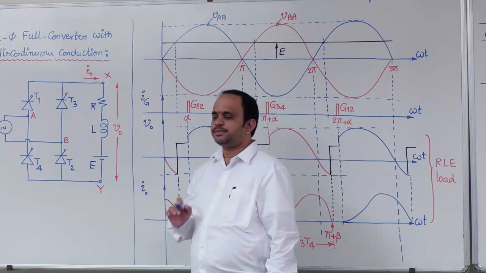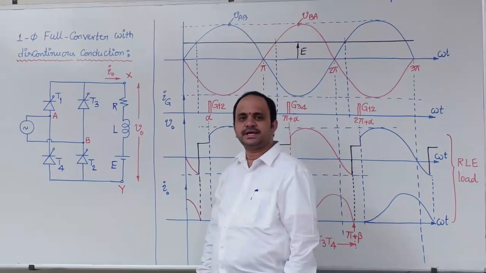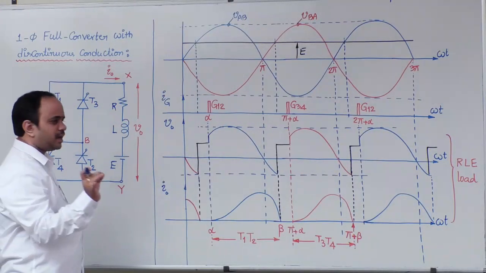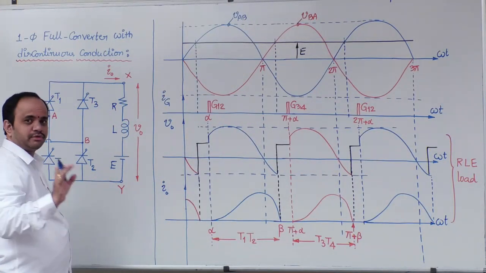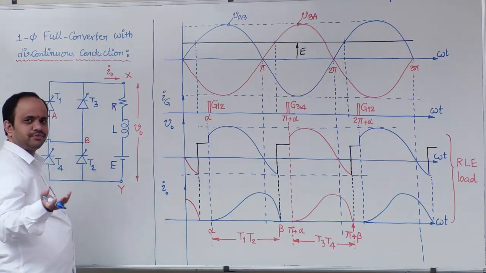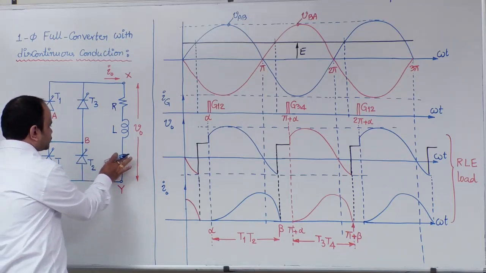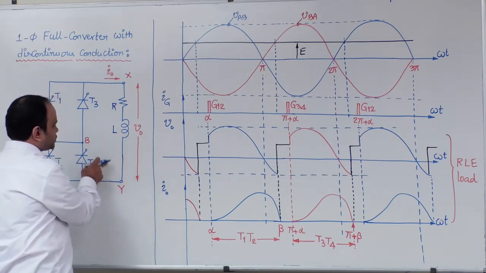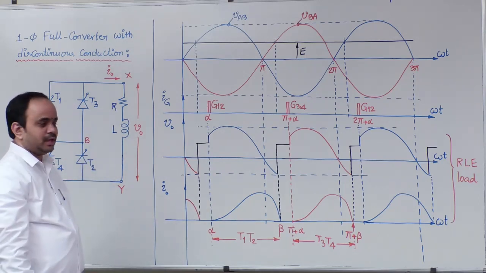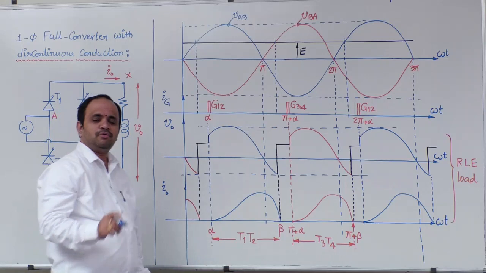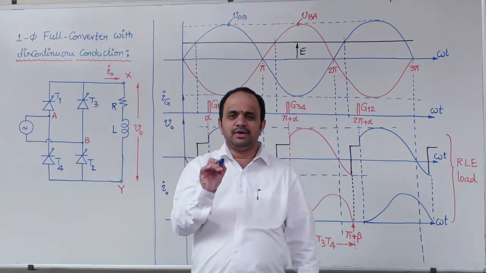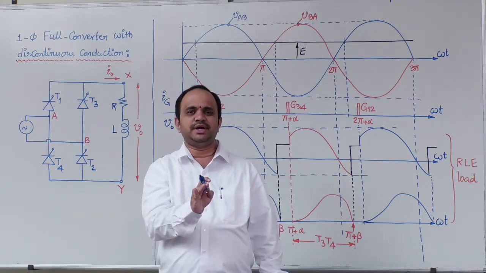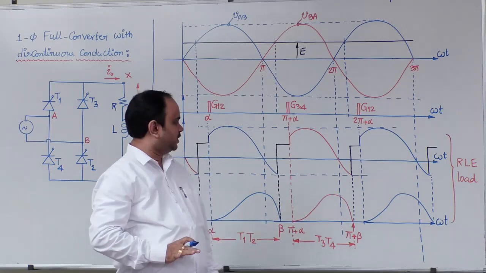Now the second possibility in case of discontinuous conduction is the load can be RL type. Now follow carefully. Here I will do a small modification. You need to redraw the waveform. Of course, you can also refer to the lecture notes. Suppose the load has only RL component, I just removed the EMF term E. In our half-wave rectifier analysis, what we discussed, for RL load and RLE load, the output current waveform will have sinusoidal and exponentially decaying components.